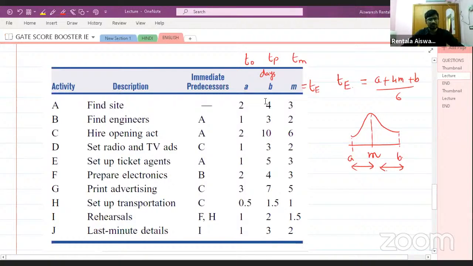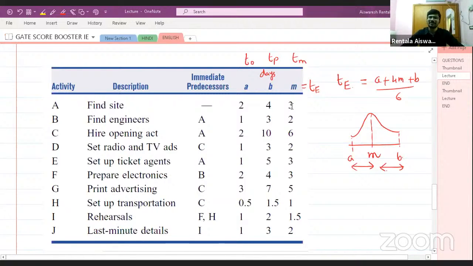So 2, 3, 4 is in AP, the difference between AM and MB is the same. 2, 6, 10: 2 plus 4 is 6, 6 plus 4 is 10. 1, 2, 3: 1 plus 2 is 3, 3 plus 2 is 5. 0.5 plus 0.5 becomes 1, 1 plus 0.5 becomes 1.5. The common difference everywhere is the same, so no need to calculate TE values separately.